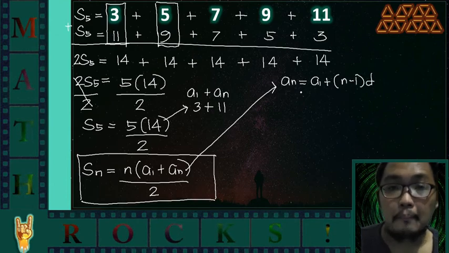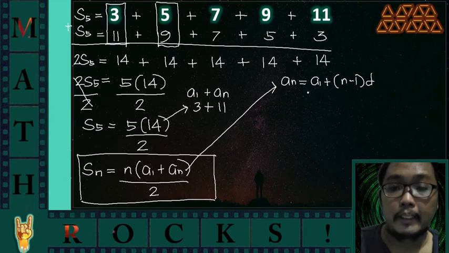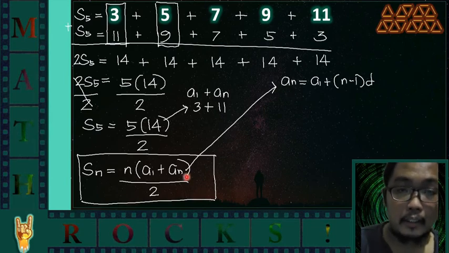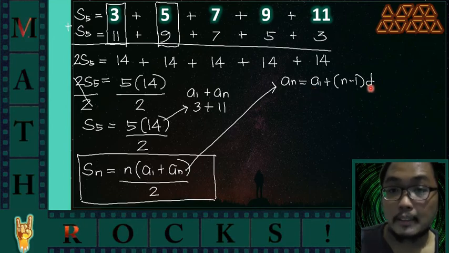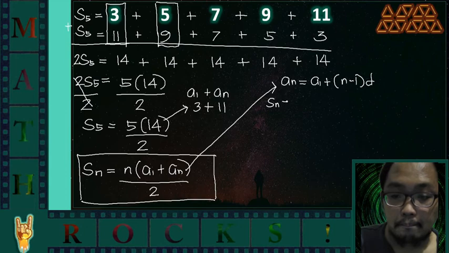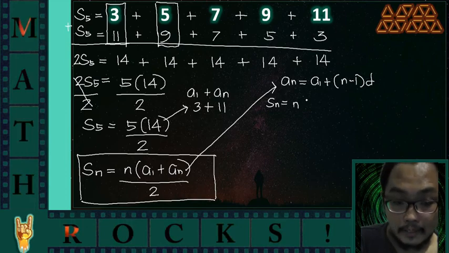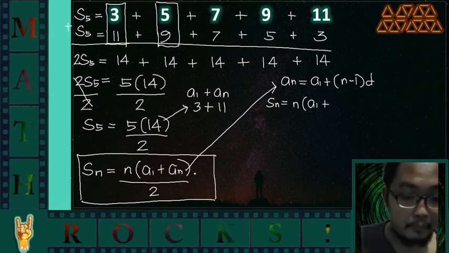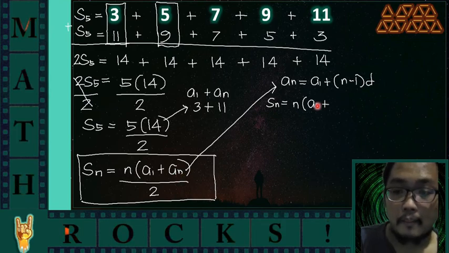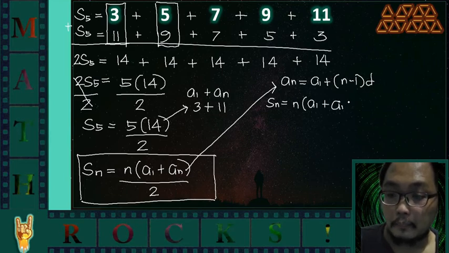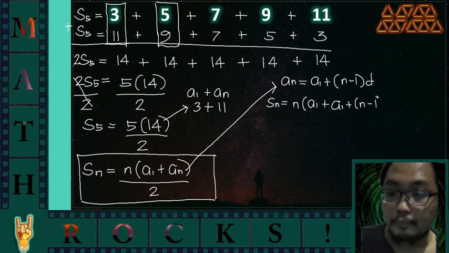So we merely have to apply the substitution property, changing the a sub n in this formula to this expression. Doing so, we have S sub n equal to n times the quantity of a sub 1. This time, we would like to have the a sub n be equal to this expression, so we have a sub 1 plus the quantity of n minus 1 times d.